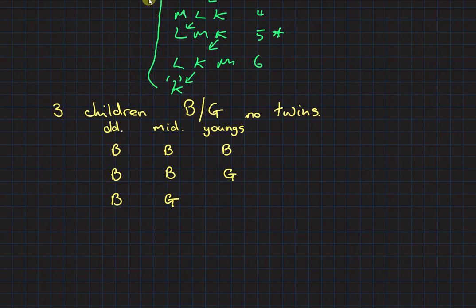Actually, I'll just put a line through. So that's all boys. List all possibilities with all boys. Now we're going to list all 1 girl. So 1 girl, there's the girl in the middle, boy on the end, and girl is oldest, boy, boy.